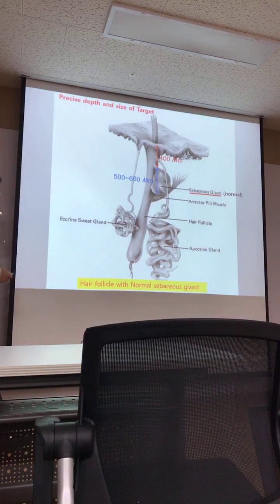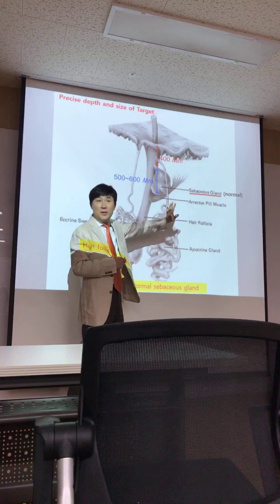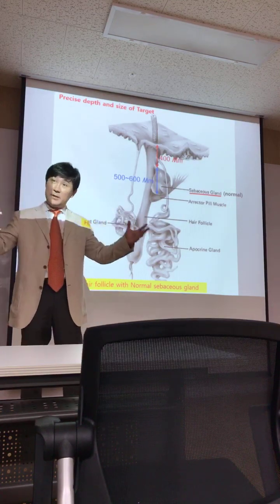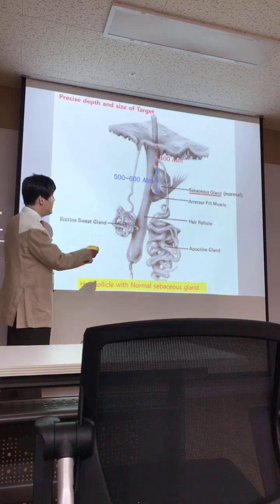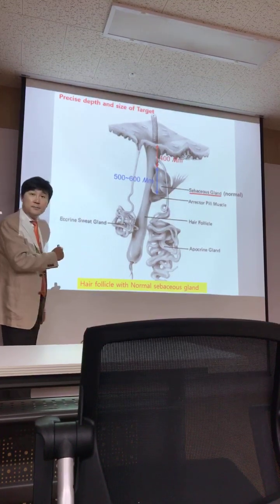I will show you later. Anyway, the length of the sebaceous gland is about 500 to 600 micrometers. This is a normal sebaceous gland. But in the case of acne, there is sebaceous hyperplasia, so the size becomes larger than 1 millimeter.